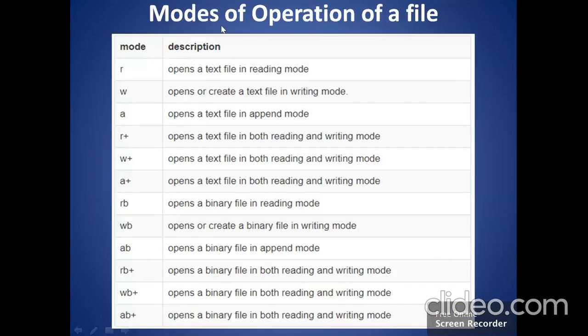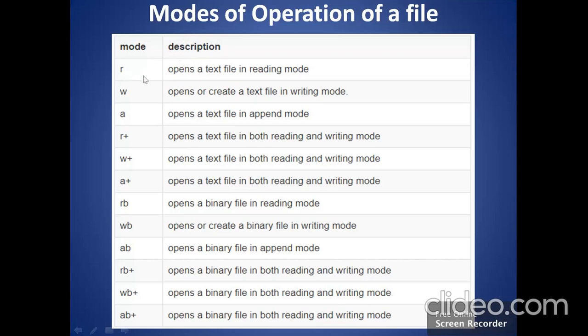The next topic is modes of operation of a file. For understanding different modes, we can use this table. This table contains two columns. The first column title is mode and the second column title is description of that particular mode.